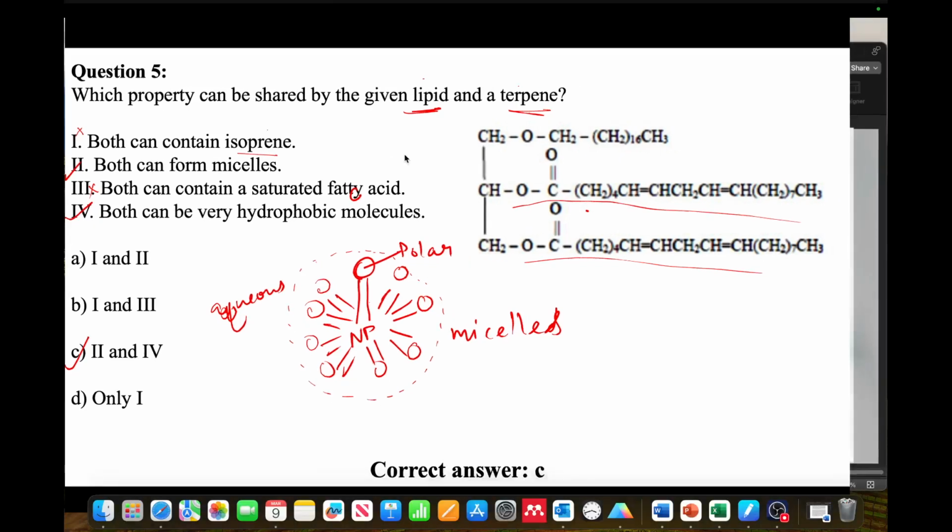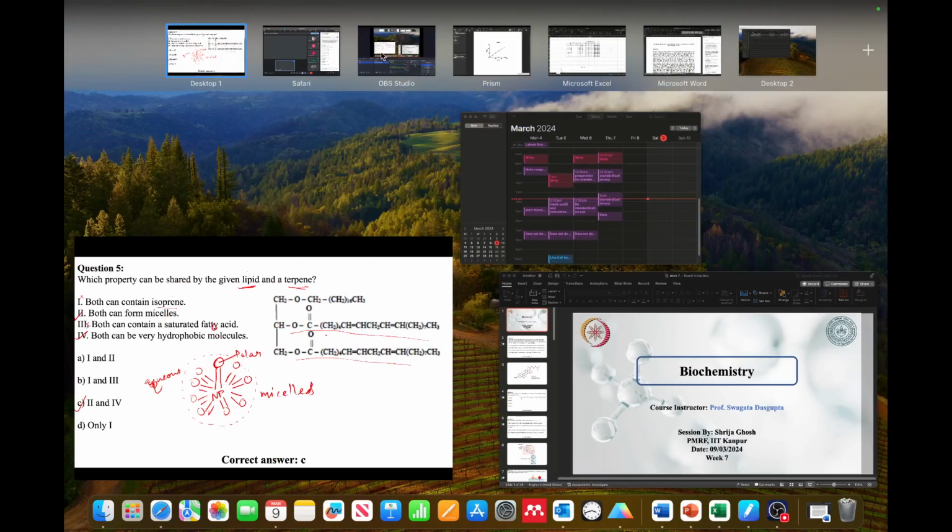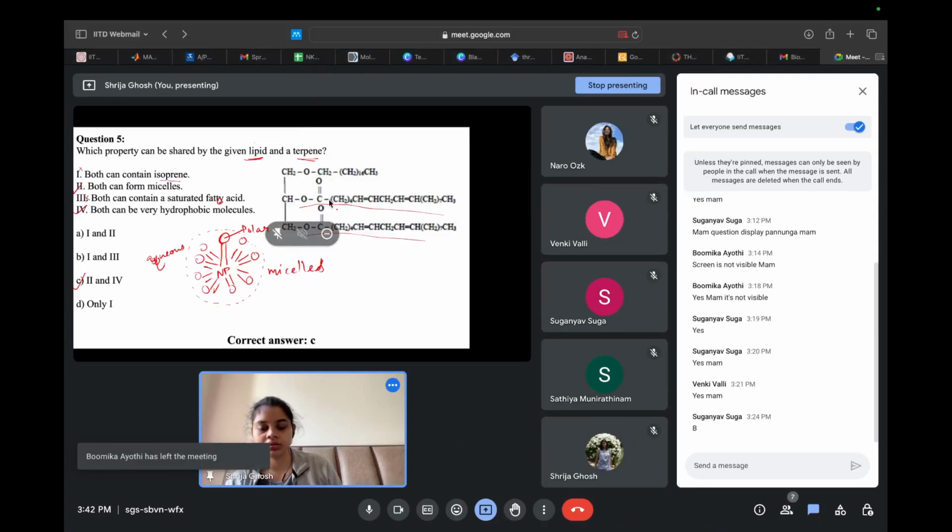So I hope this is clear. Is there any doubt till this part? If you have any kind of doubt, ask me now so that we can move on to the next question.